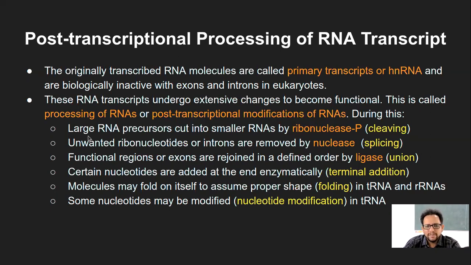During this process, the large RNA precursor is cut into smaller RNAs by what we call ribonuclease. This process is cleaving. If it is a long stretch of the mRNA molecule or primary transcript, which is not just one structural gene but a combination of them, then it will be cut into respective RNA fragments with the help of ribonuclease.